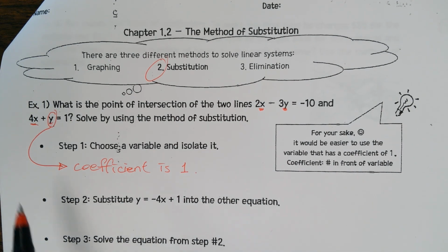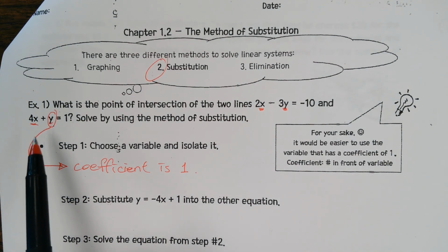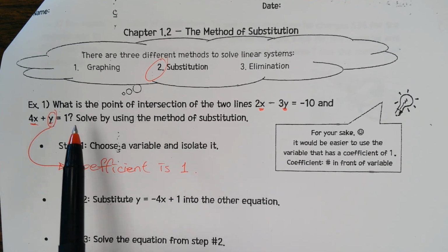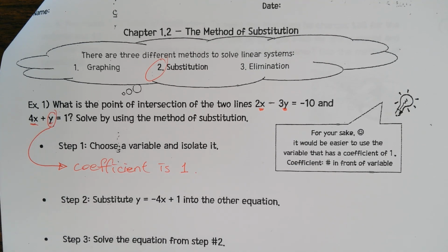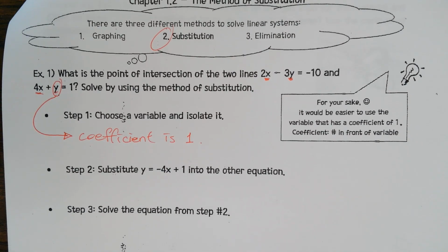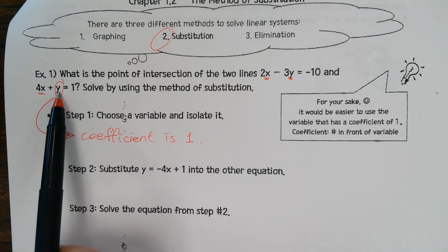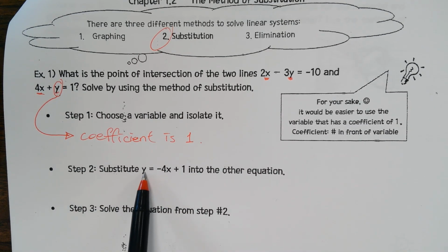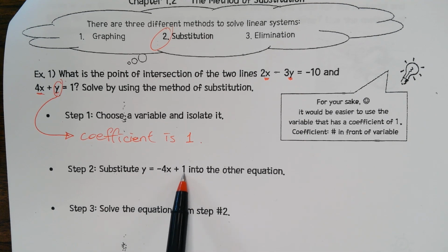Is it wrong if I try to isolate the x in this equation? No, but the only problem you'll run into is you'll end up having a fraction, or you'll have to divide. So in this case, I'm going to choose to isolate this y in this equation. So when I isolate it, I get y equals negative 4x plus 1.